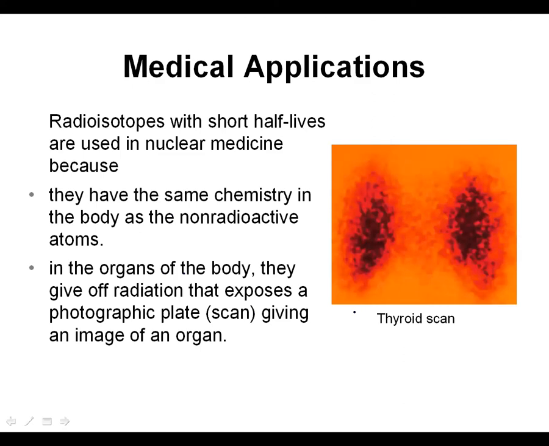Otherwise, it would be a very long time in terms of your follow-up procedures and so forth. So here's a thyroid scan over here, and you can see again by using radioactive isotopes here, when you do a scan like that, it really just highlights those areas for you.